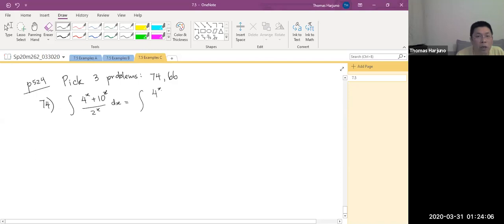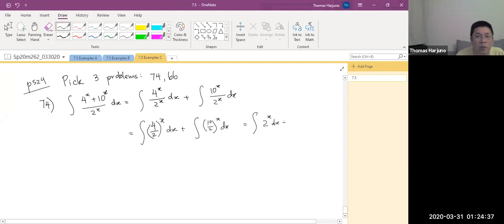This is 4 to the x over 2 to the x dx plus integral of 5 to the x over 2 to the x dx. Now the thing is, they have common exponent, but different base. So I can write it this way. So this is basically integral of 2 to the x dx plus integral of 5 to the x dx.